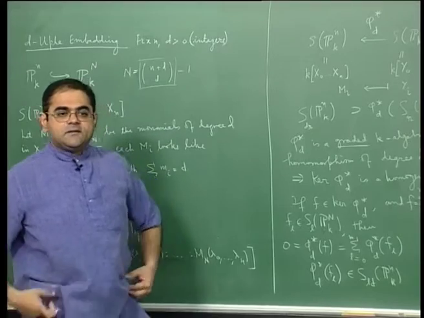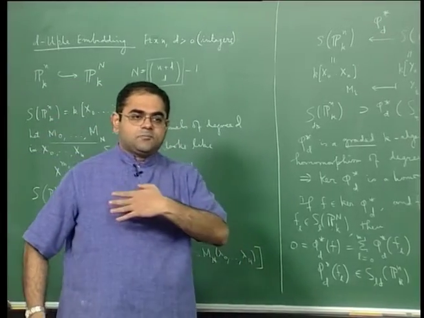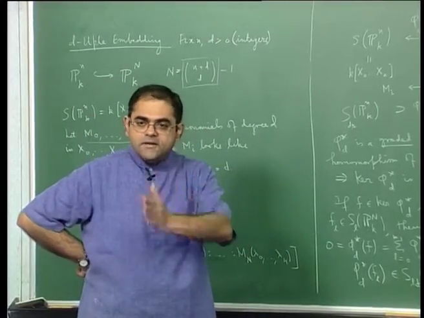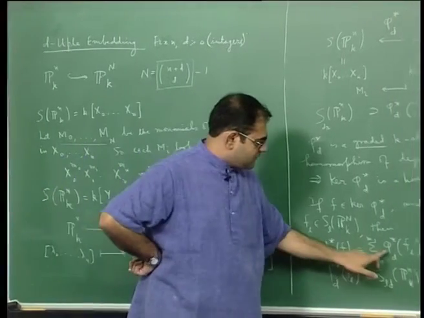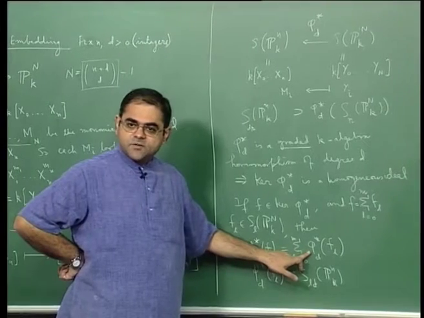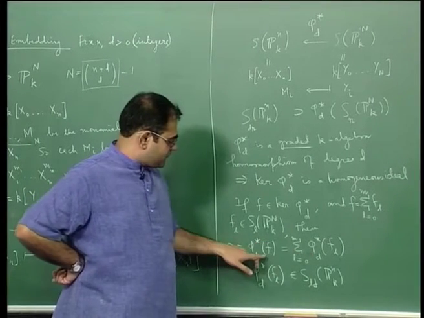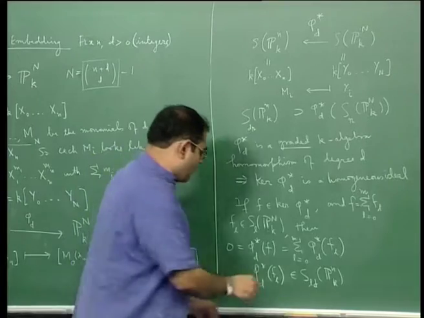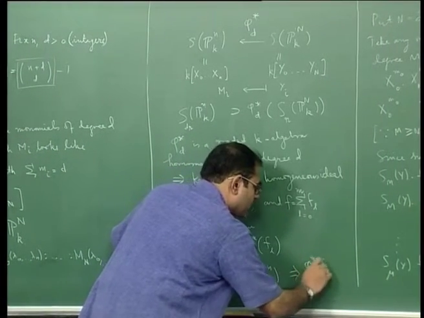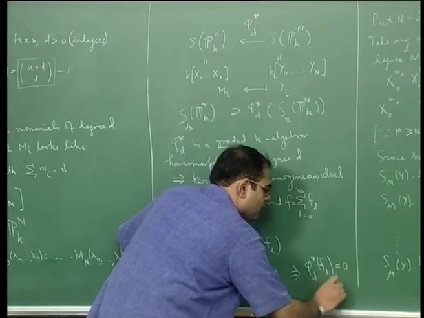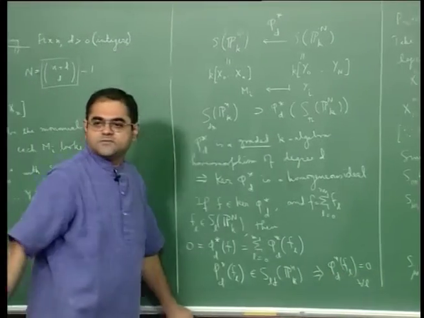So whenever a polynomial is 0, then every homogeneous piece has to be 0. These are the different homogeneous pieces of the image φ_d^* of f. So what this will tell you is that φ_d^* of f_L is 0 for every L.